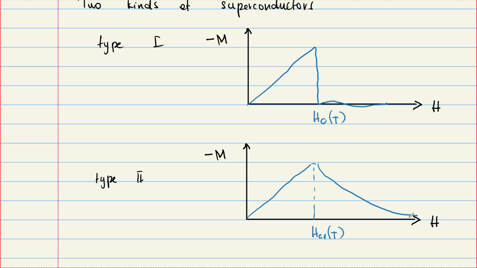Something like that. And if you keep increasing, typically this HC2 is much, much larger than HC1, it can be of order Tesla. So this is HC2. After that, you have the normal phase. So here, superconductor. Here, what we call Abrikosov vortex phase. And here we have the normal phase.